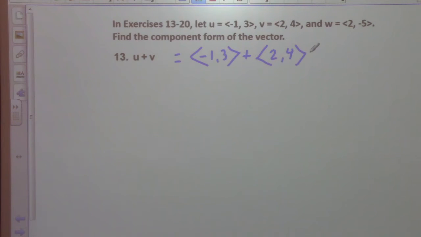The answer is going to be the sum of -1 and 2, which is 1, and then the sum of 3 and 4, which is 7. So vector U plus V is equal in component form to 1, 7. So that's what the vector is.